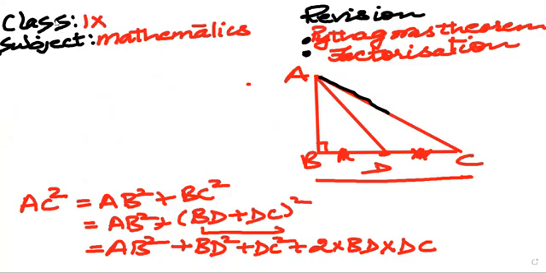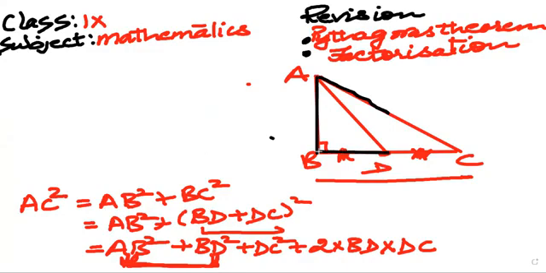Can you see, if you combine AB square plus BD square, just look at your figure, AB square plus BD square. I'm showing you with the black line so that it will be more clear. This is my AB square, and this one is my BD square.